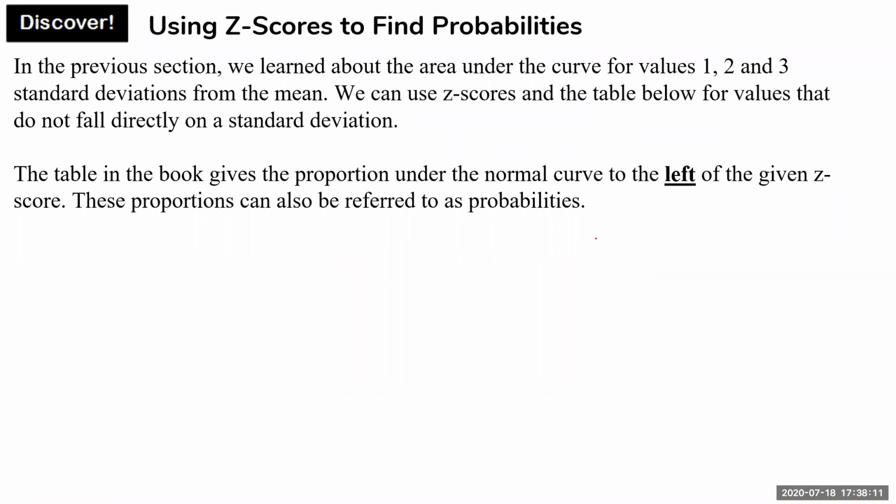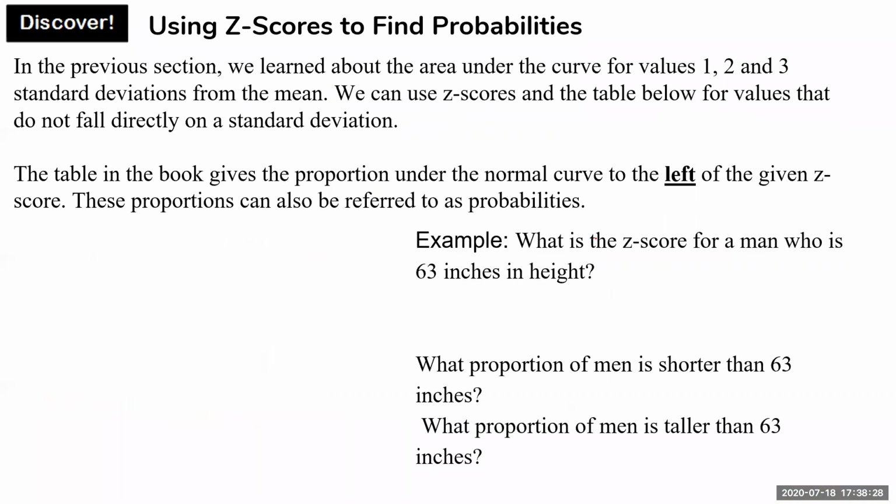Now, in the previous section, we learned about the area under the curve for 1, 2, and 3 standard deviations from the mean. We can use these scores in the table below for values that do not fall directly on a standard deviation. Okay, now the table in the book gives the proportion under the normal curve to the left of the given z-score.